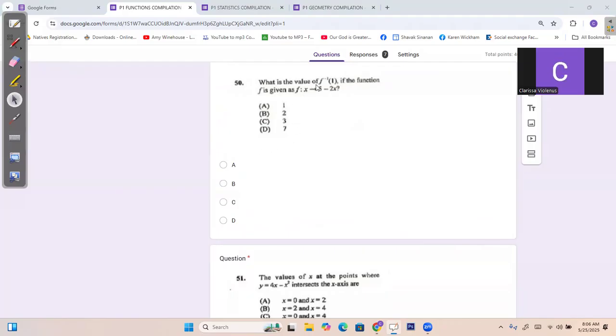The value for which the inverse of y of 1, if the function f is given, f of x gives this for this function.